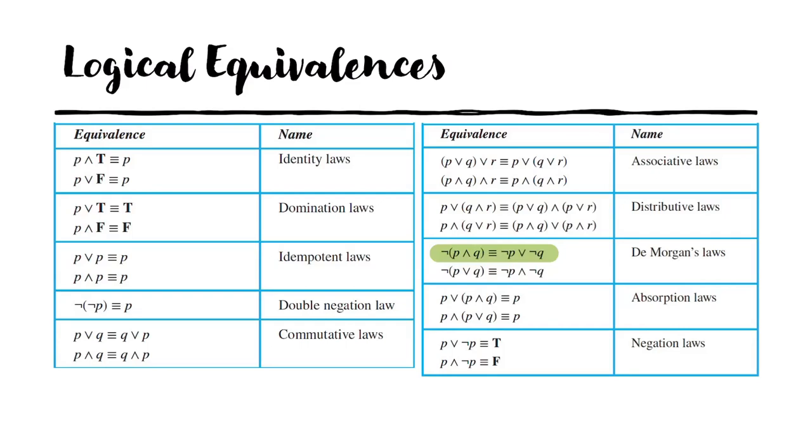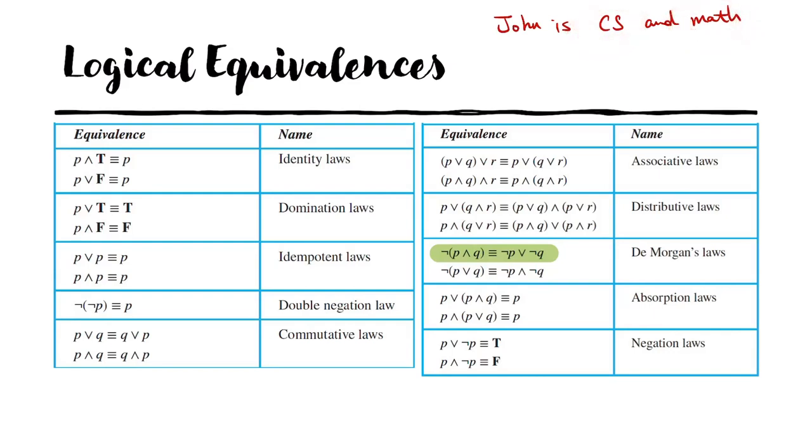And I can give you an example for De Morgan's law. Imagine you have John is a CS and math major, which means double major. Now, to contradict this statement, you only need to negate one of the majors.